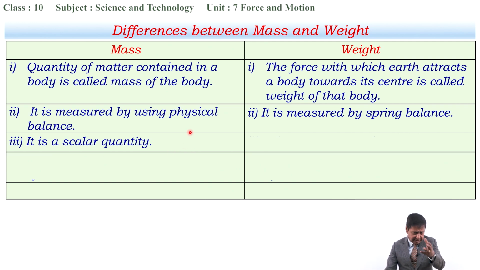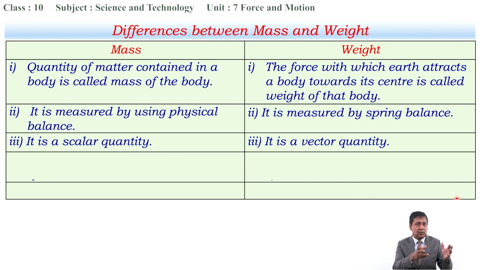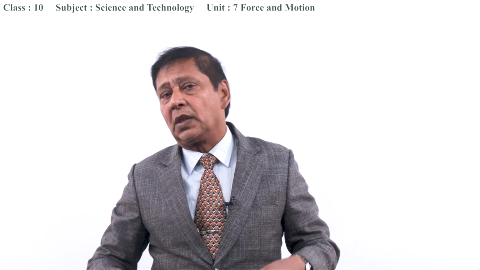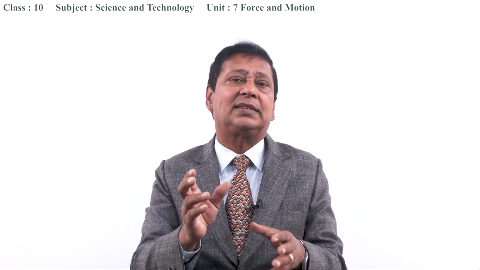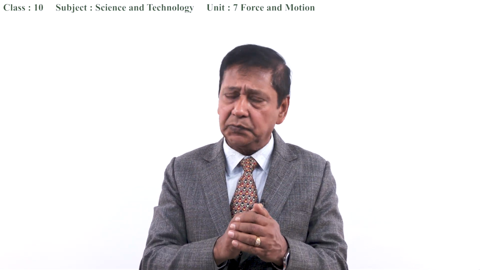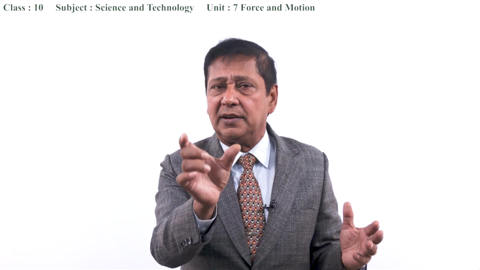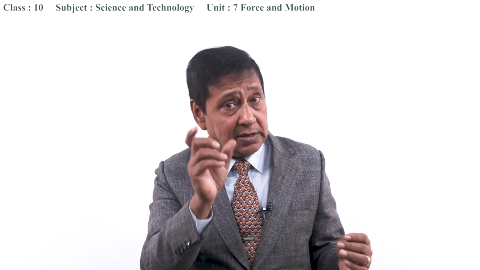Now the third difference may be that mass is a scalar quantity. I described this just before this slide. Mass is a scalar quantity, but weight is a vector quantity. How? It has both magnitude and direction. Just for example, if my body weight is, let's say, 600 Newton, what does it mean? 600 Newton is the magnitude of weight, and it has direction also.